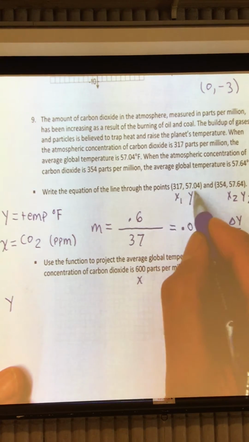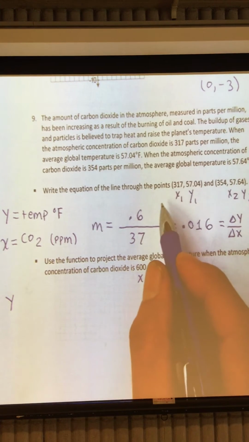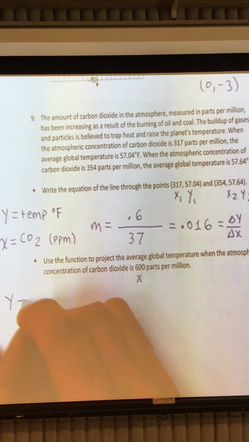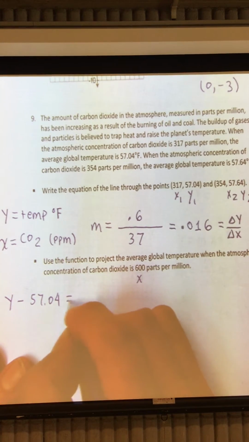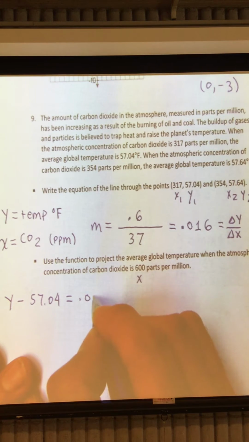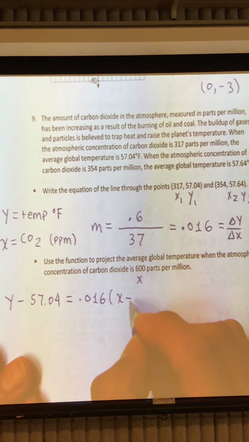Either point chosen will give the same result. So let's use the first ordered pair here and write y minus the y coordinate, 57.04, is equal to the slope that we calculated from above, 0.016, times the variable x minus the x value of 317.